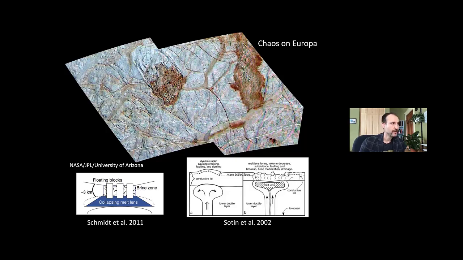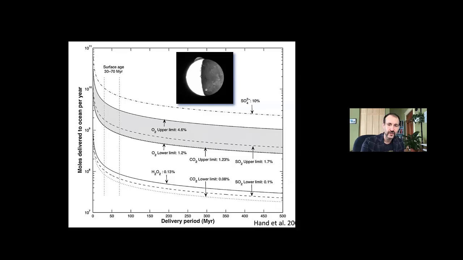So thinking a little bit about the flux of oxidants to the ocean, this is from a paper by Hand et al. from 2007. Sorry, the text is cut off there. And they looked at the geological age of Europa's ice, which at the time was firmly in the range of 30 to 70 million years.